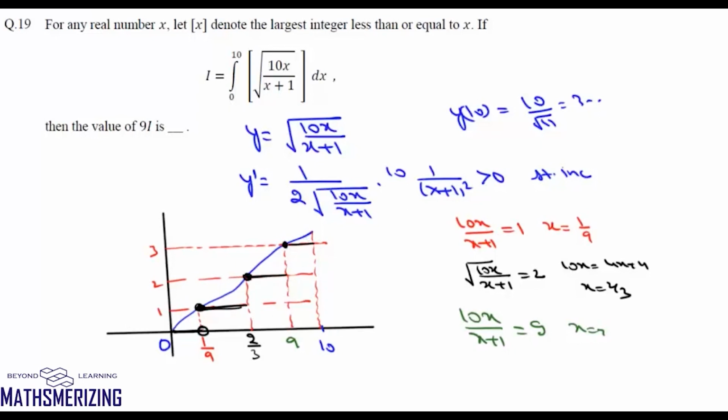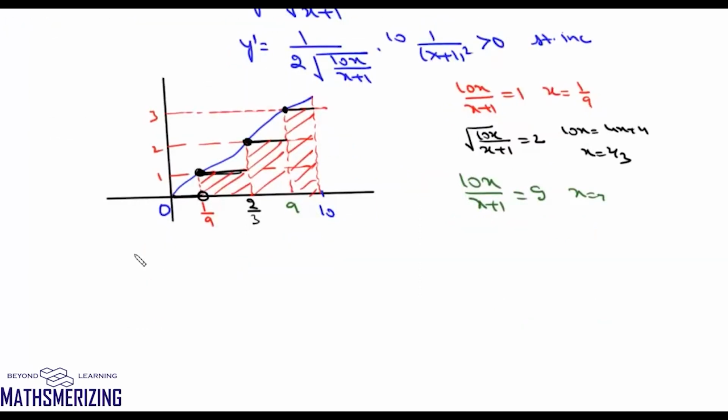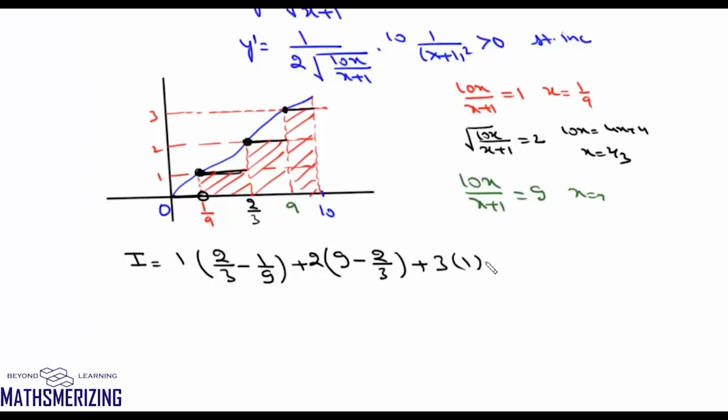Now this integral is nothing but this area. So the value of this integral will be 1 into (2 by 3 minus 1 by 9), plus 2 into (9 minus 2 by 3), and plus 3 into (10 minus 9), which is 1.